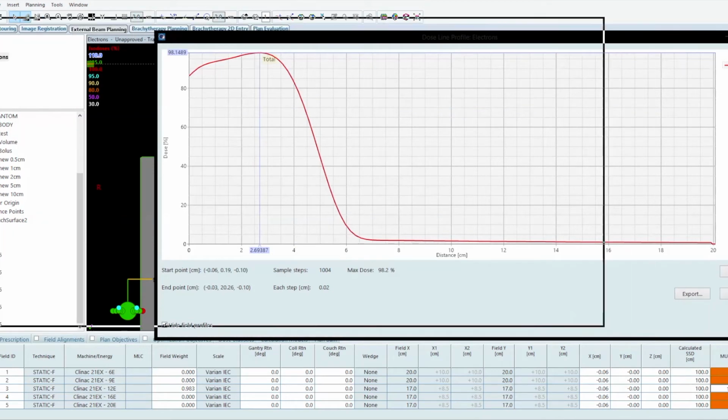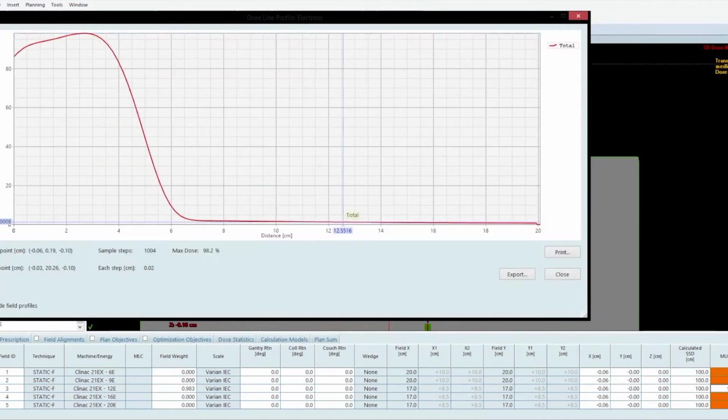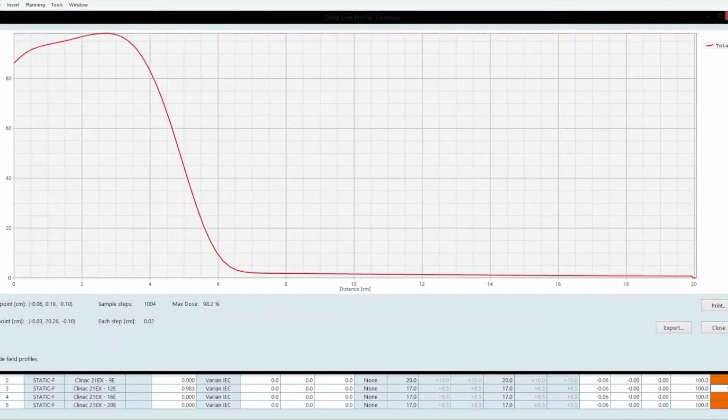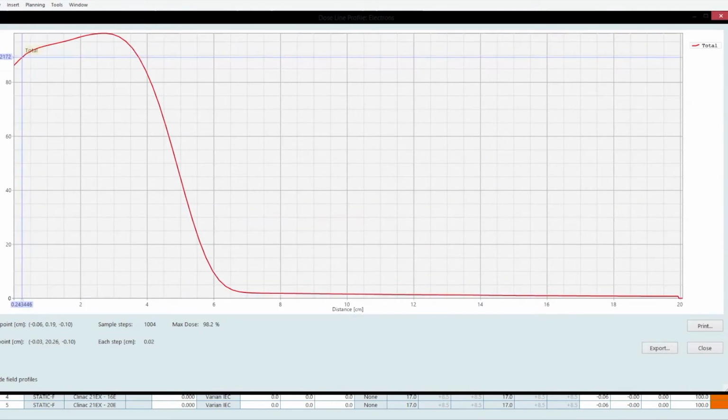So let's take a look at the profile. You can start to see what's happening with the shape of the profile now. It's starting to get a much broader range in the shallower distances. So we still have a relative Dmax point. My surface dose now has increased from 81% to 86%. So you see I'm going up at this 5% increment.